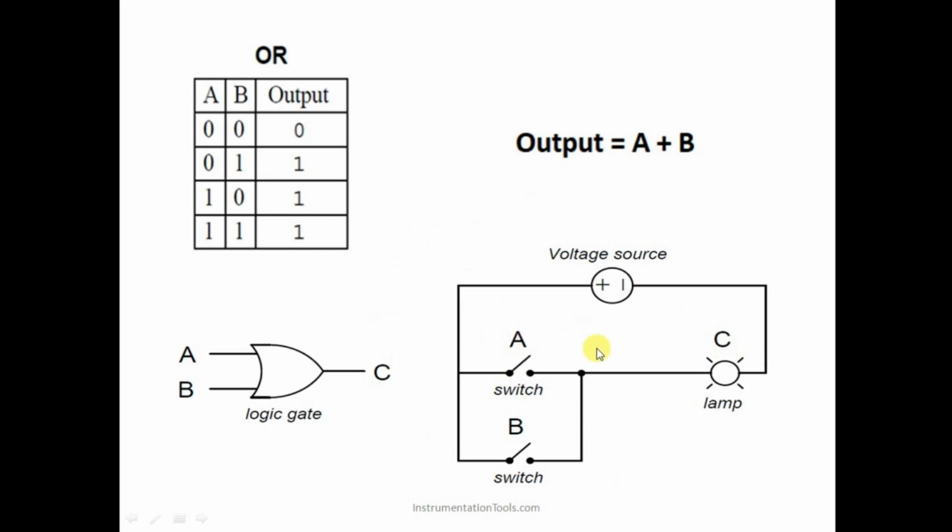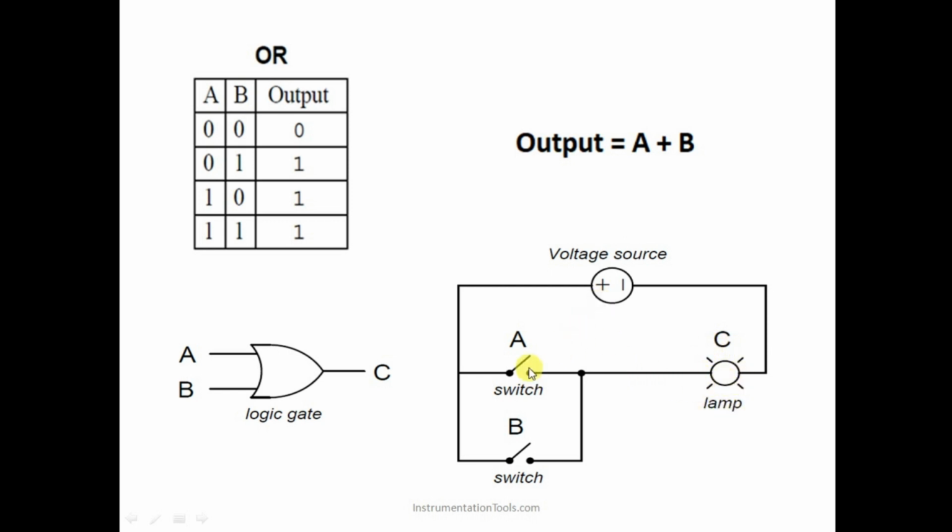Okay, so this is our output, right? So if any of the switches is high, that means even if switch number A is high, the circuit will be complete. See, if you observe, this circuit will be complete from here. Okay, so the output will start glowing, right?